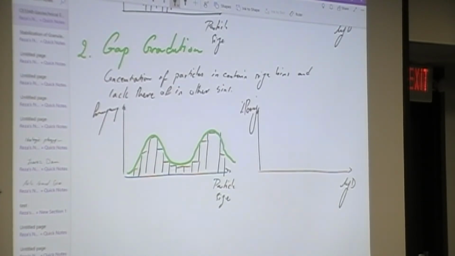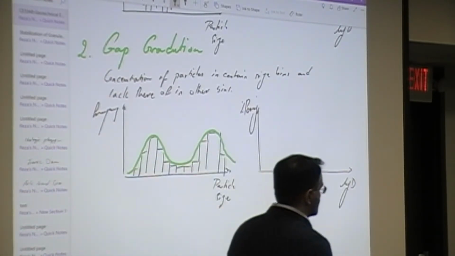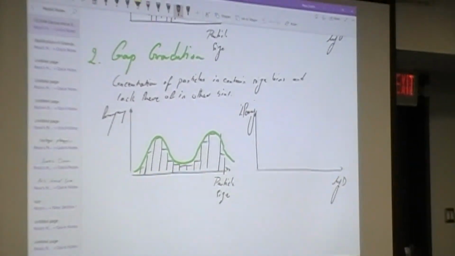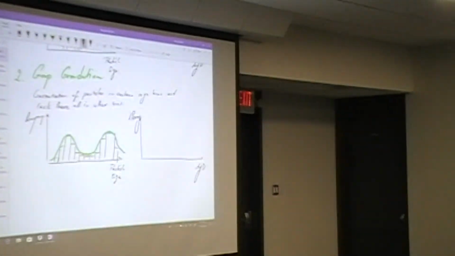How does the cumulative distribution look like? Two steps. All right. Do it continuously so I can see. That's actually right. Think about it in terms of the slopes.